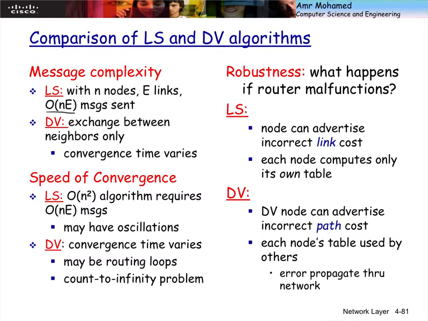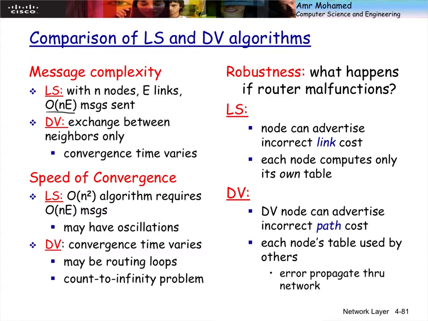So we need to report all the states of all the links to every single node in the network. So the complexity of the number of messages is O of n times E. In fact, this is not the communication cost. Okay? The communication complexity is even more than this. Why?